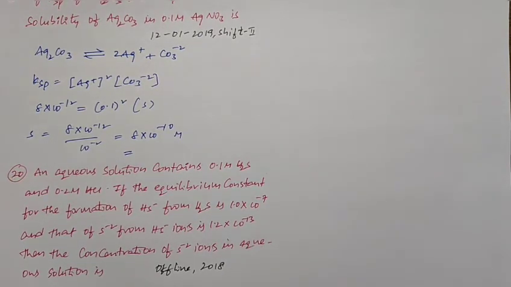So here they are asking about the dissociation constants of H2S in 2 steps. For the 2 steps they give the equilibrium constants and they give the concentrations of hydrogen sulfide and HCl, but they are asking about the concentration of sulfide ions.